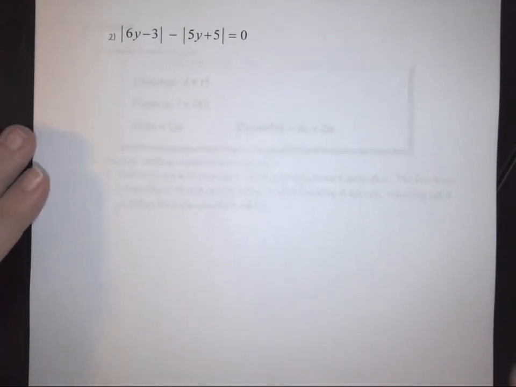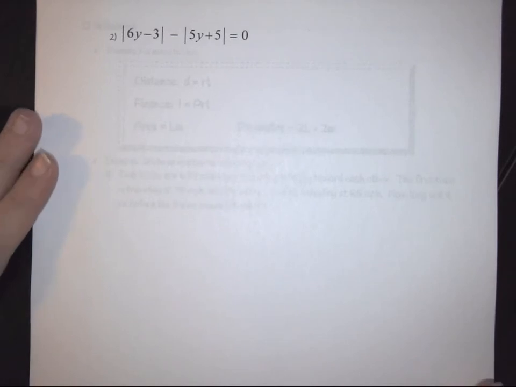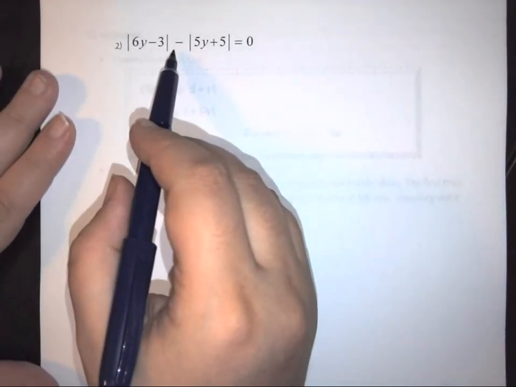Last but not least, we need to look at what happens if you are given 2 absolute values that you have to work with. Well, again, the same principle is going to apply, where you have to isolate one of your absolute values completely. So here, in this case, these are being subtracted.